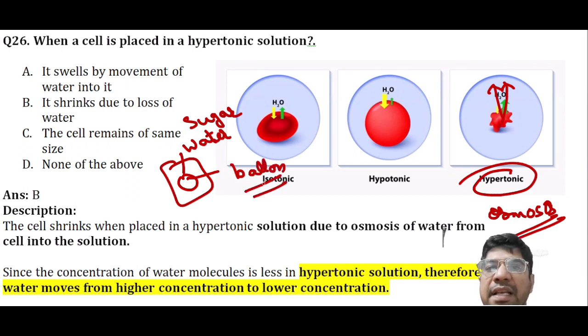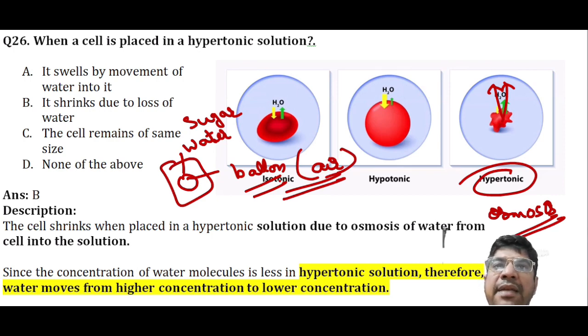Inside the cell there is clear water, like pure air inside the balloon. Now outside the cell there is sugar water. This sugar makes the water thicker and thicker. Now the sugar water in the jar is like a hypertonic solution.